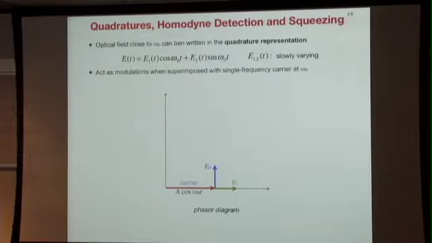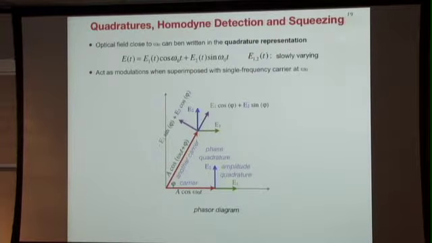If you have a carrier field along this phase, then E1 would be the amplitude quadrature, and E2 would be the phase quadrature, because these are amplitude and phase modulations. On the other hand, you can have a different carrier phase, and then E1 and E2 would have different meanings, because you have different combinations of E1 and E2 as amplitude and phase modulations. And therefore, these quadrature fields can be quite flexible.